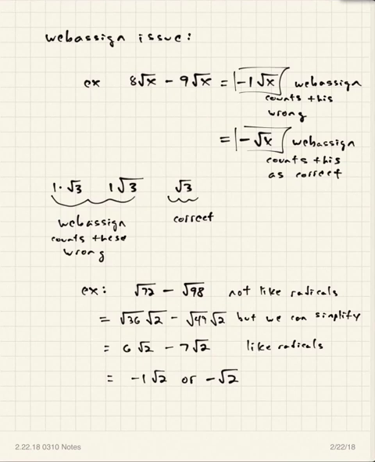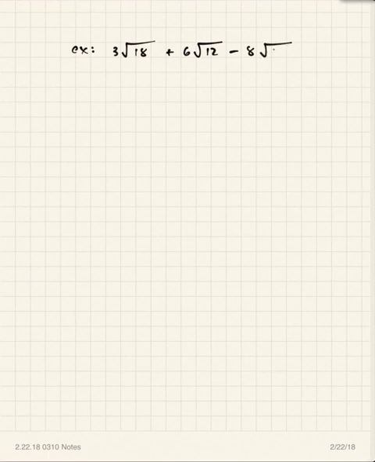And by the way, don't try to force it. And so if they're not all like radicals at the end, then you don't add them together. So as an example, let's say I have 3 times the square root of 18, excuse me, plus 6 times the square root of 12 minus 8 times the square root of 50, like that.